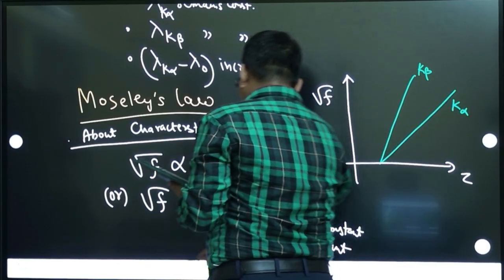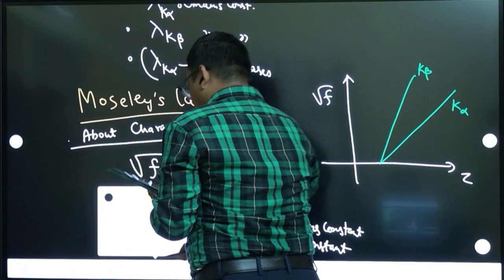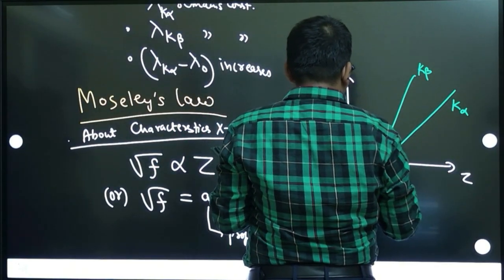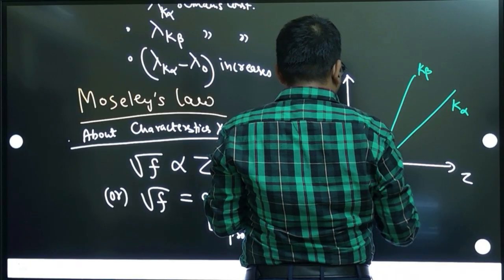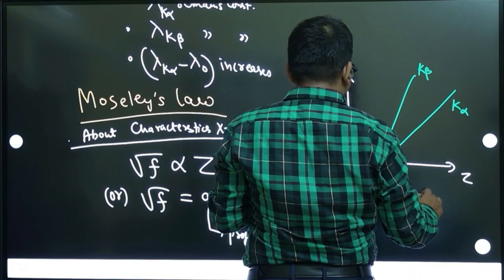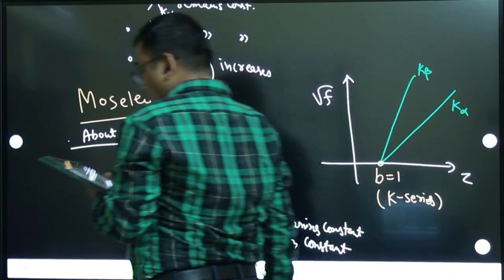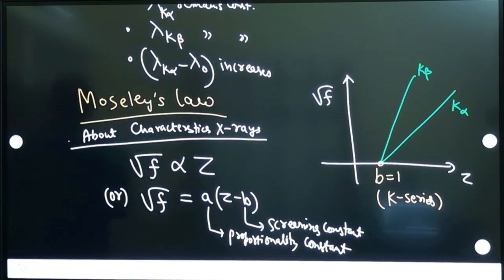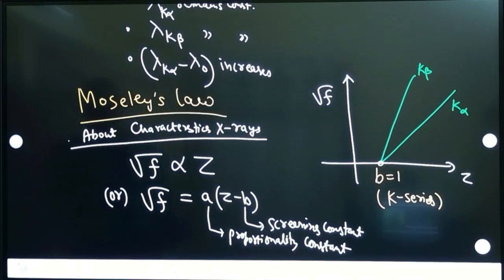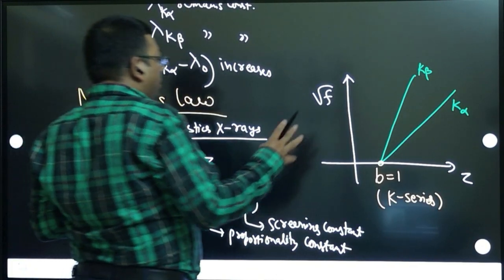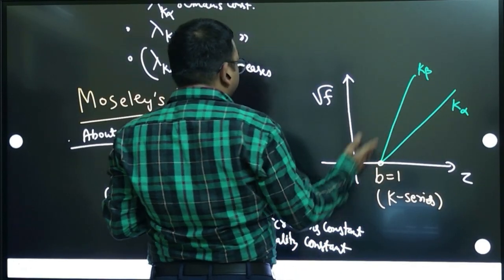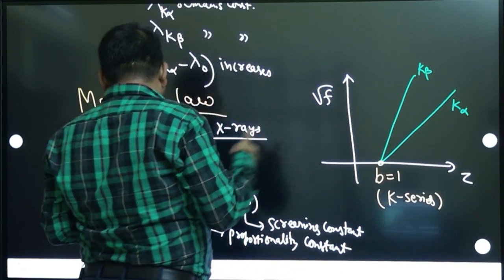And here this value of b is 1 for K series. Remember, for K series the value of the screening constant b is 1. Even within K series the slopes are different. K alpha, K beta lines, they have different slope.